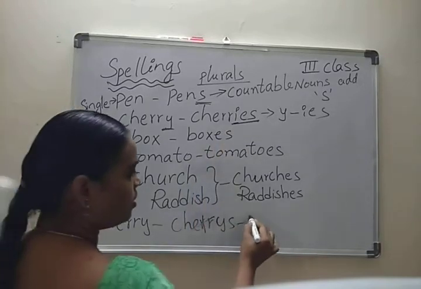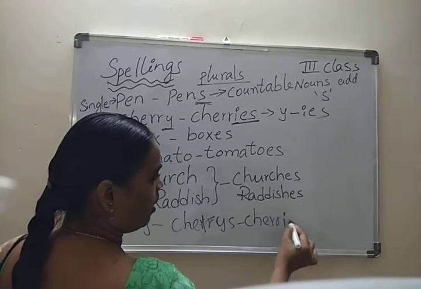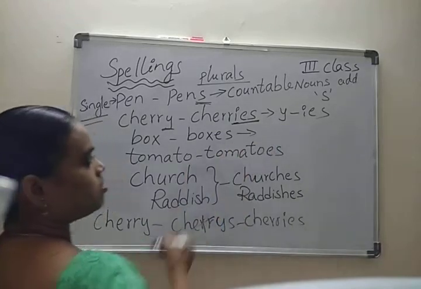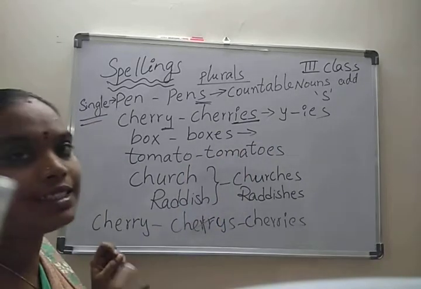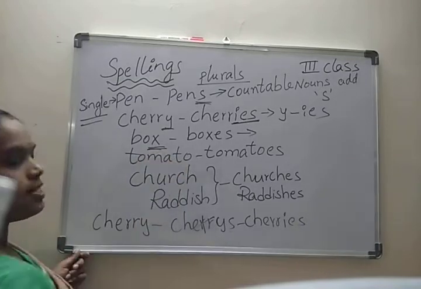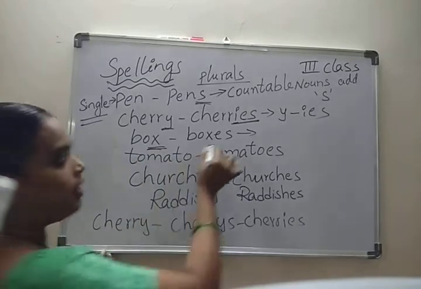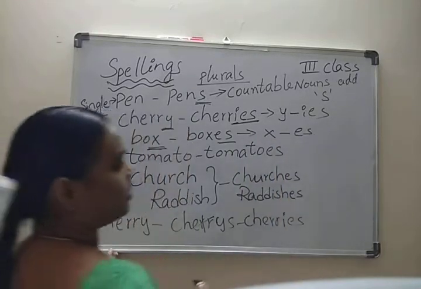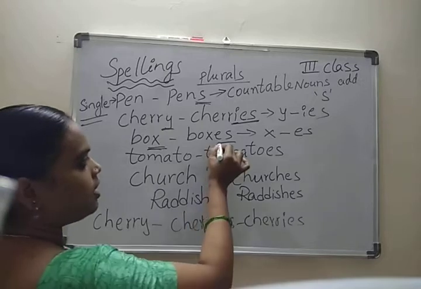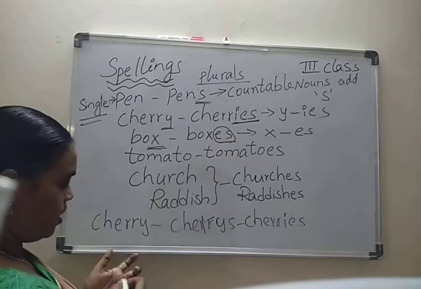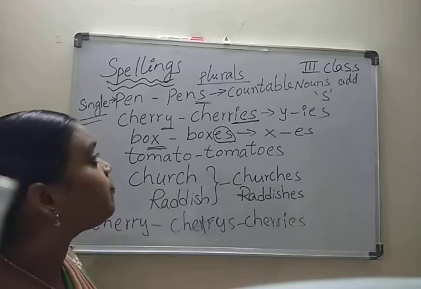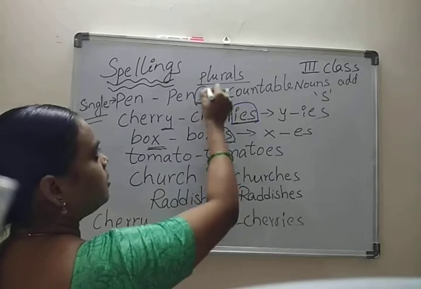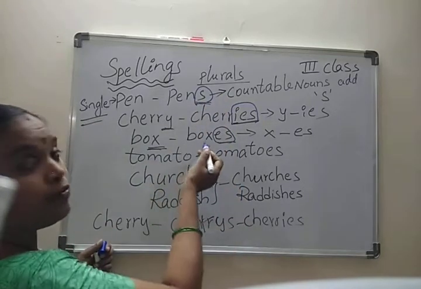What do we have to write? C-H-E-R-R-I-E-S. And box, boxes. Whenever the word ends with X, what will come? If X is the ending letter, it means E-S. So E-S is added. Here I-E-S, here S, whenever we are writing in plural form.